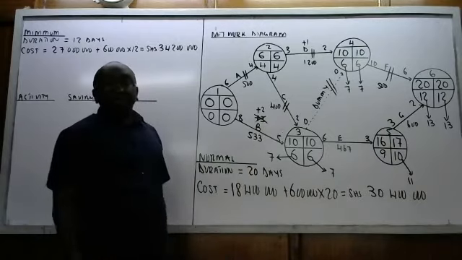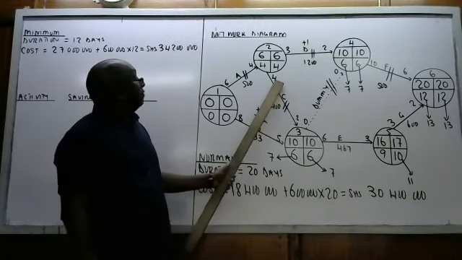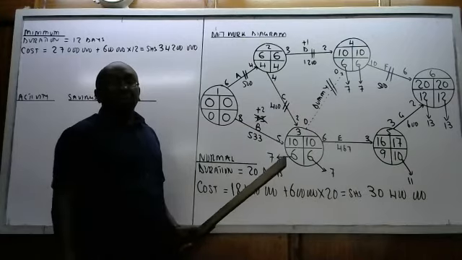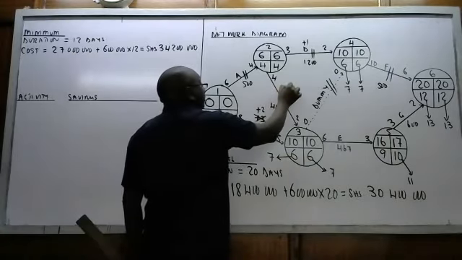Now, we come to C. C has been denied 2 days, from 4 to 2. Remember, C is no longer critical now, so we add back the 2 days.